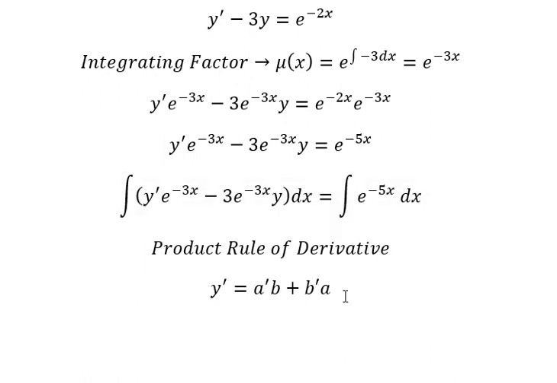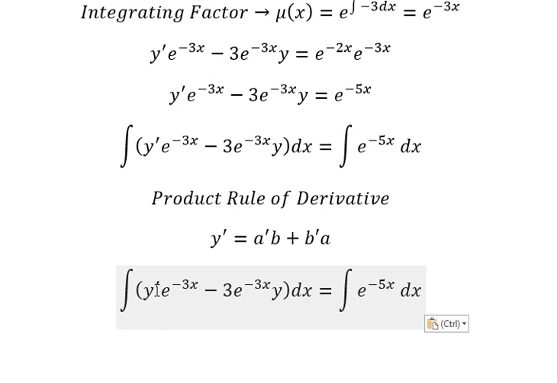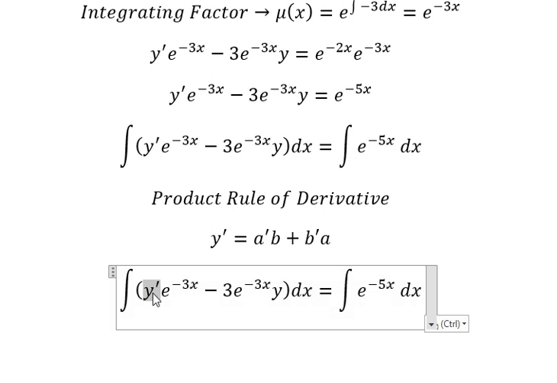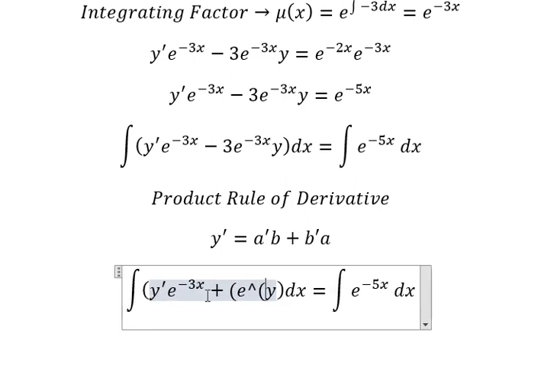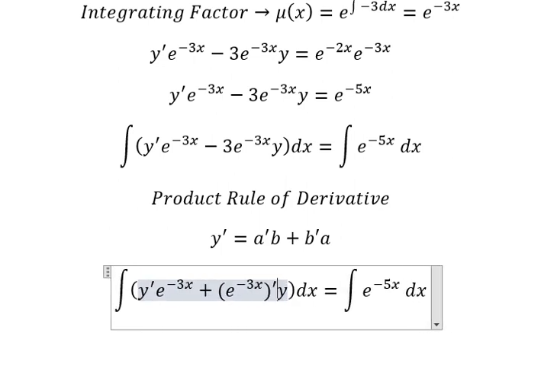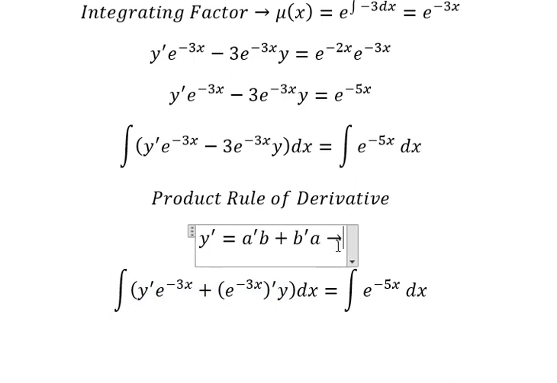So we have the first derivative of a multiplied by b. This one we have the first derivative of b multiplied by a. So the integration of this one, we have y equals ab.